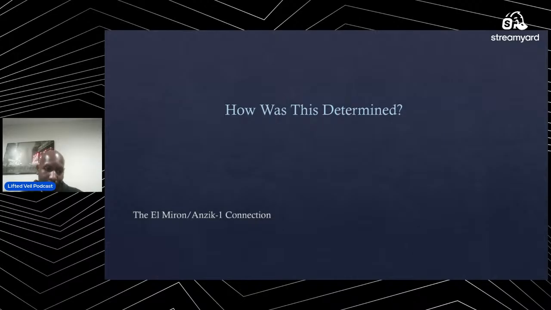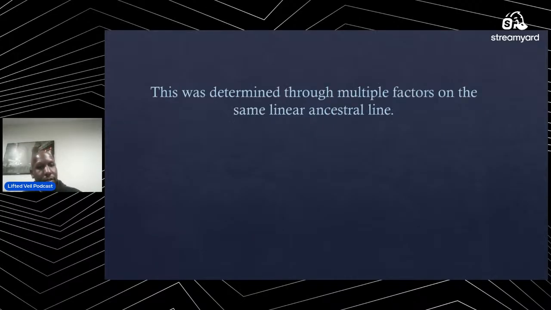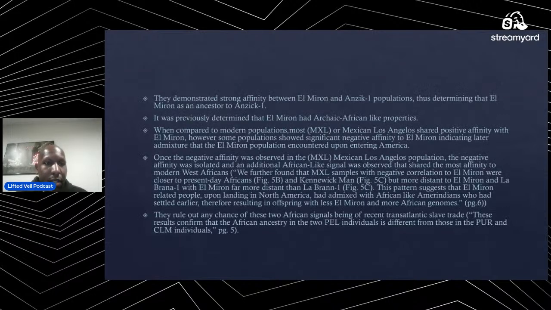How was this determined? Through the El Moran and Anzick 1 connection. This was determined through multiple factors on the same linear ancestral line. They demonstrated strong affinity between El Moran and Anzick 1 populations, thus determining that El Moran is an ancestor to Anzick 1. It was previously determined that El Moran had archaic African-like properties.